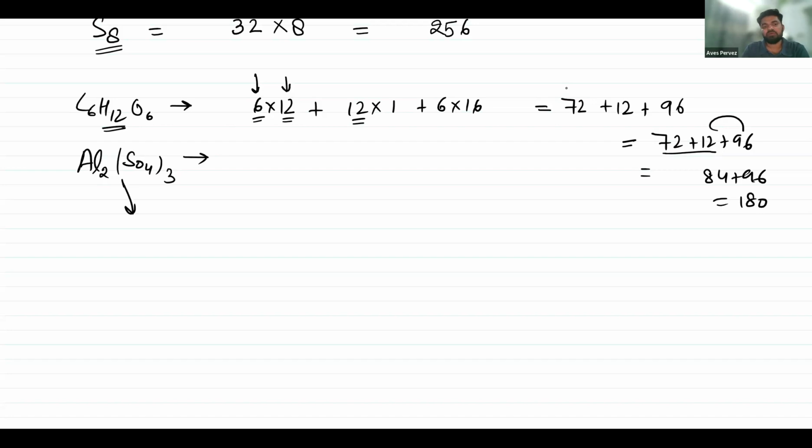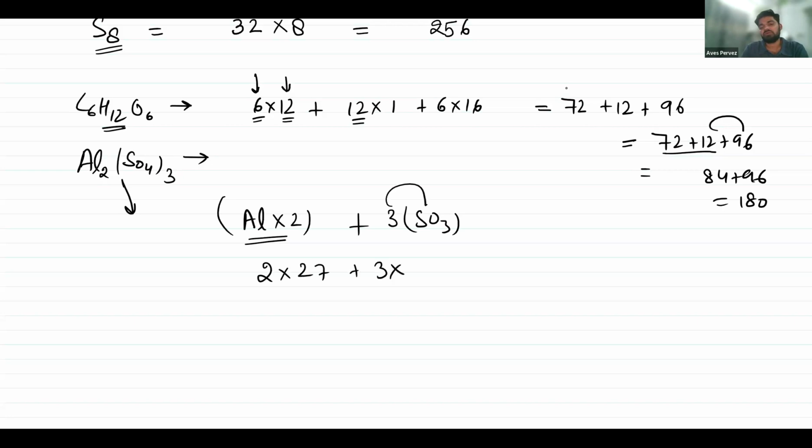For aluminium sulfate, we have 2 aluminium ions plus 3 sulfate groups. So this will be 2 into 27 plus 3 into 96. Sulfate is SO4, and one SO4 has mass 96.